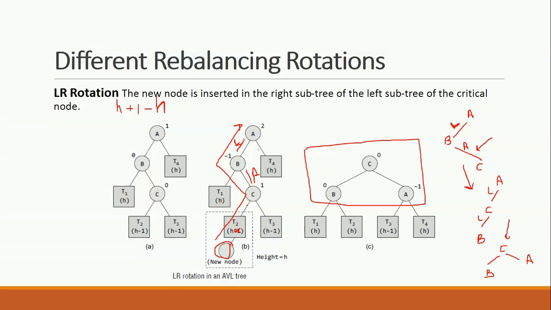It is left of A, right of B. So left of C and right of B. So you can insert it here, T2. In this way you can insert the node. You can see T3 is still H minus 1. The rest of them are H nodes. So this way the LR rotation works.